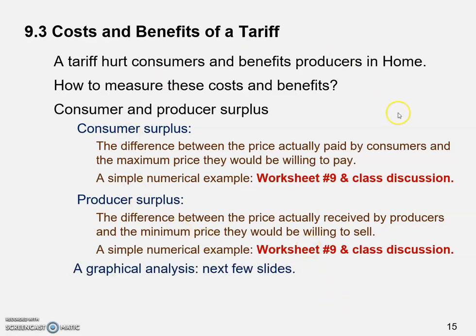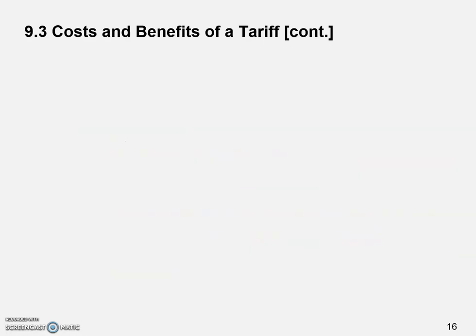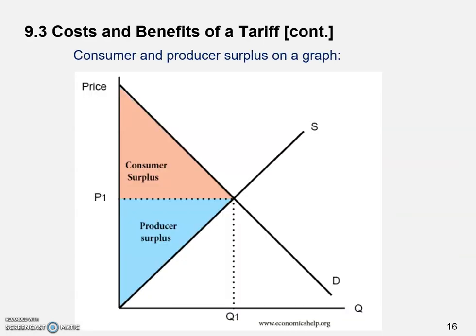Now let's take a look at the graphical representation of the consumer and producer surplus. Okay, something you should already have learned in intro and intermediate micro classes. Now here, what we show is just a typical demand and supply diagram.